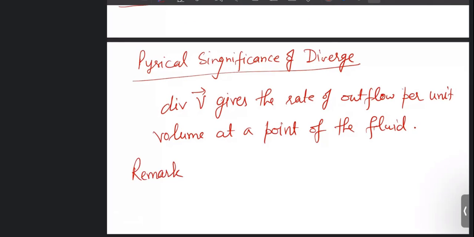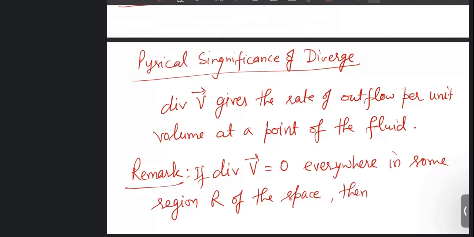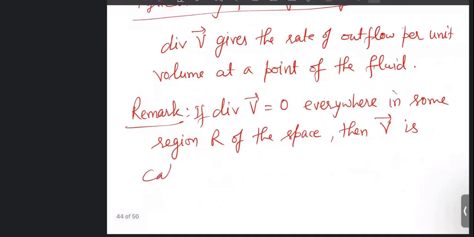If we have the divergence of vector v zero everywhere in some region R of the space, then this vector v is called a solenoidal vector.